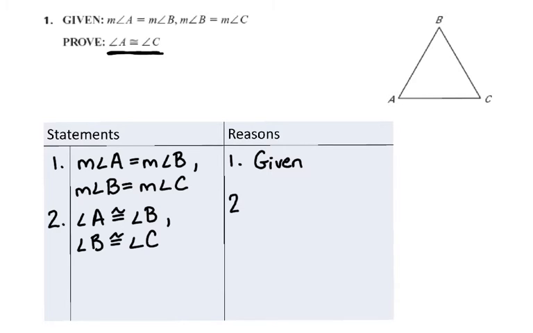So what we just did there, when we changed that equal sign to a congruent sign, is use our congruent definition. Okay, so definition of, I'm going to use abbreviations because I like using abbreviations, congruent, I'm going to say angles, because that's what we're looking at, is angles.